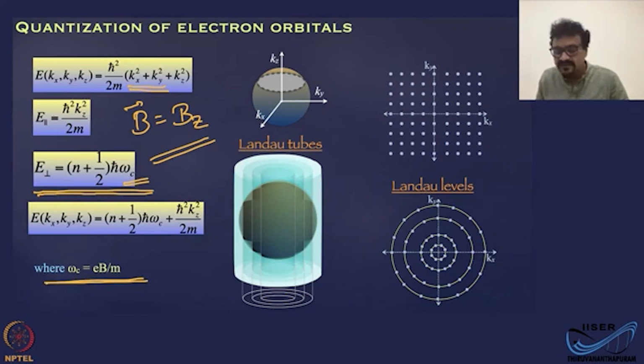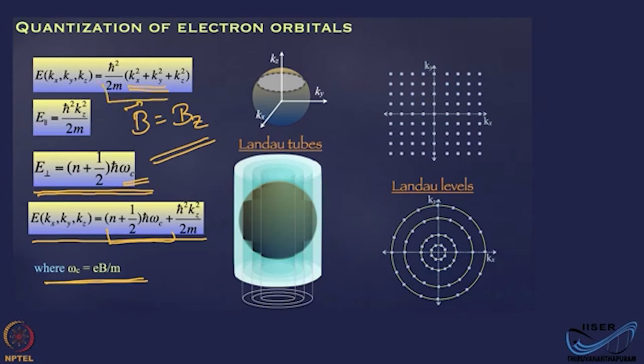So now the total energy you can write as E of kx, ky, kz, where the kx and ky part together you write as n plus 1 by 2 h bar omega c. And in the z direction, the motion is not affected. The dynamics is not affected. There you can write h bar square kz square by 2m.